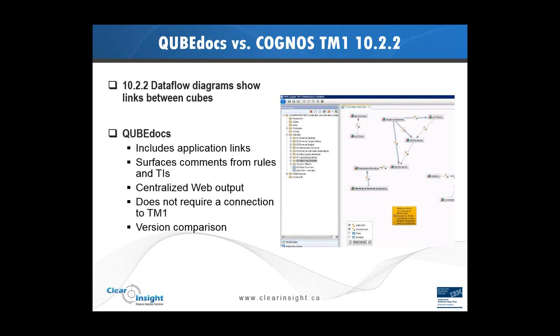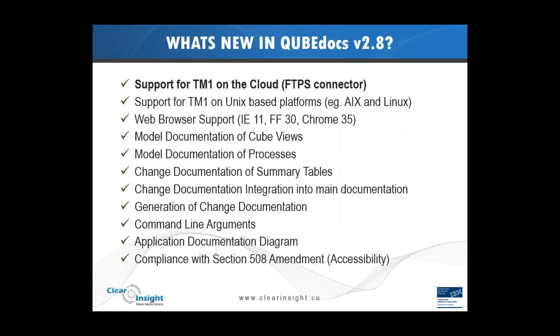Really what 10.2.2 has is simply data flow diagrams of links between the cubes, which is such a small subset of what QUBEdocs is. But I wanted to highlight that for you in case you thought, I think TM1 has something like this. Well, that's what it is, and really it's just showing you the link between the cubes, missing all of the search, the change management, the you name it, that we've gone through.